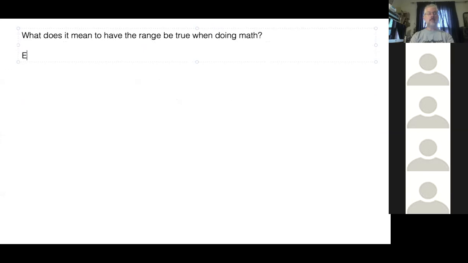So as an example, if I have this, that's equivalent to, because we're just using this abbreviation, having the range be true.